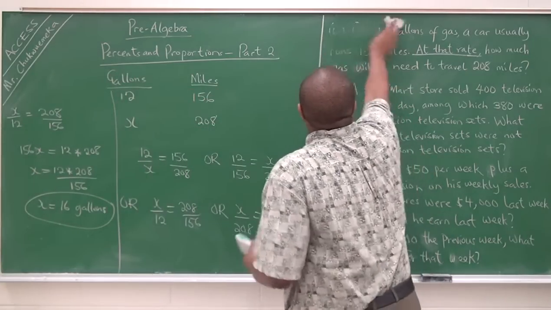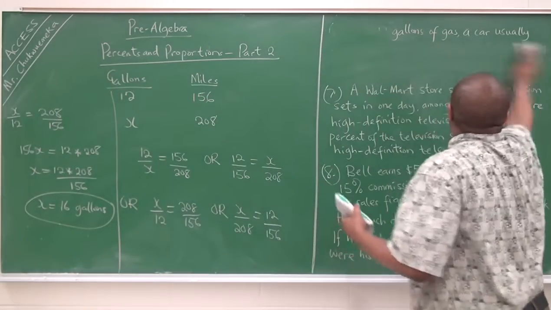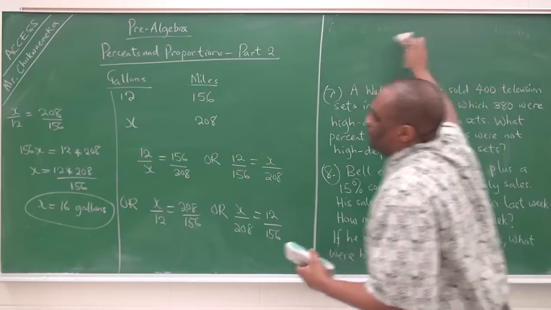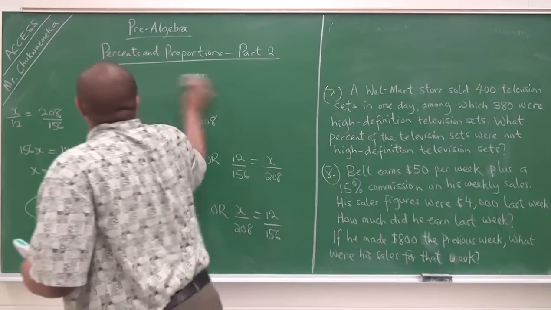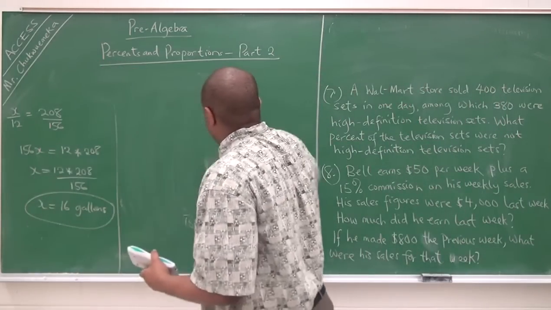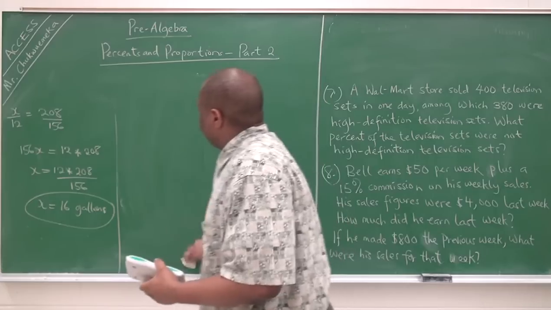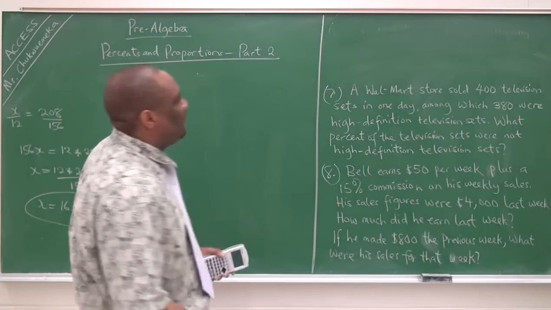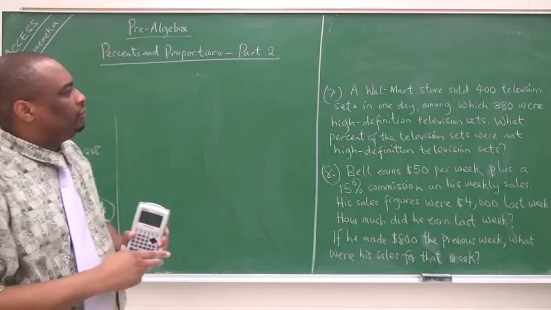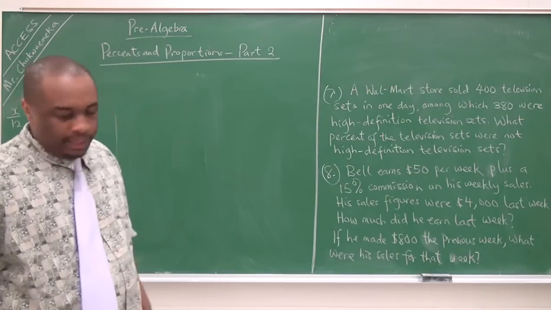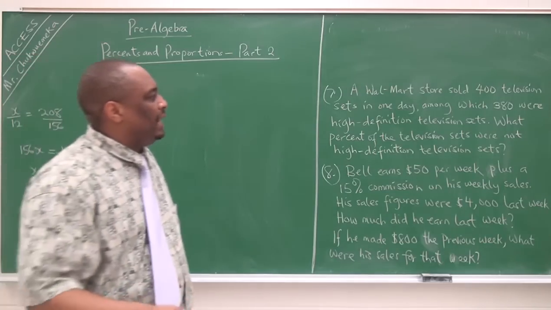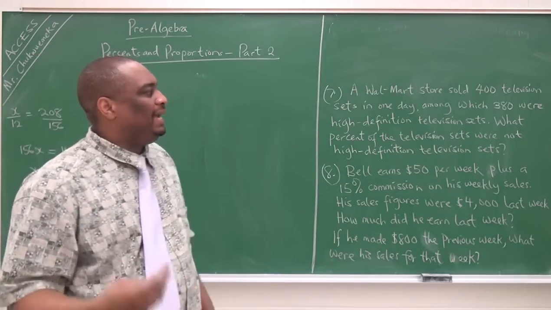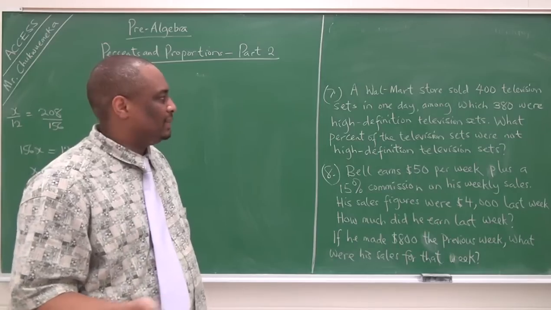So let's go ahead and erase this to make some space here. Number 7. It says, a Walmart store sold 400 television sets in one day, among which 380 were high-definition television sets.